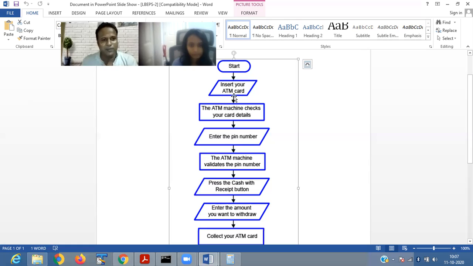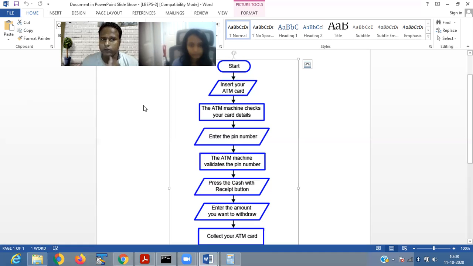The diagram shows which is step 1, step 2, step 3, and step 4. So the difference between algorithm and flowchart is that here you put arrows, and there you put step one, step two.